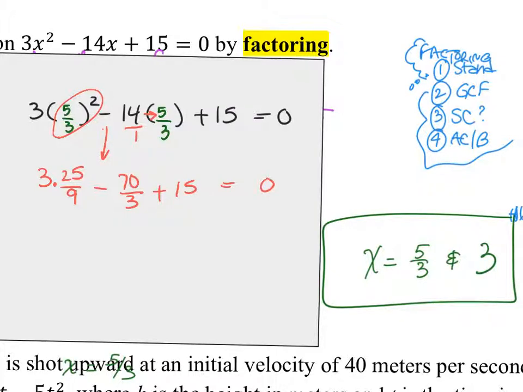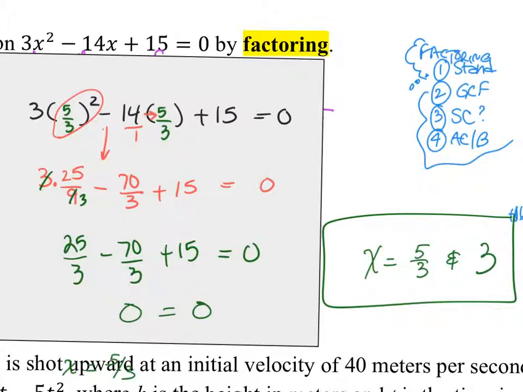Now, remember, you guys have calculators at this point, so this is going to help you quite a bit. When you do 3 times 25/9, you're going to get 25/3 minus 70/3 plus 15. And when you plug that into your calculator, you're going to get 0 equals 0. So you know 5/3 is correct.